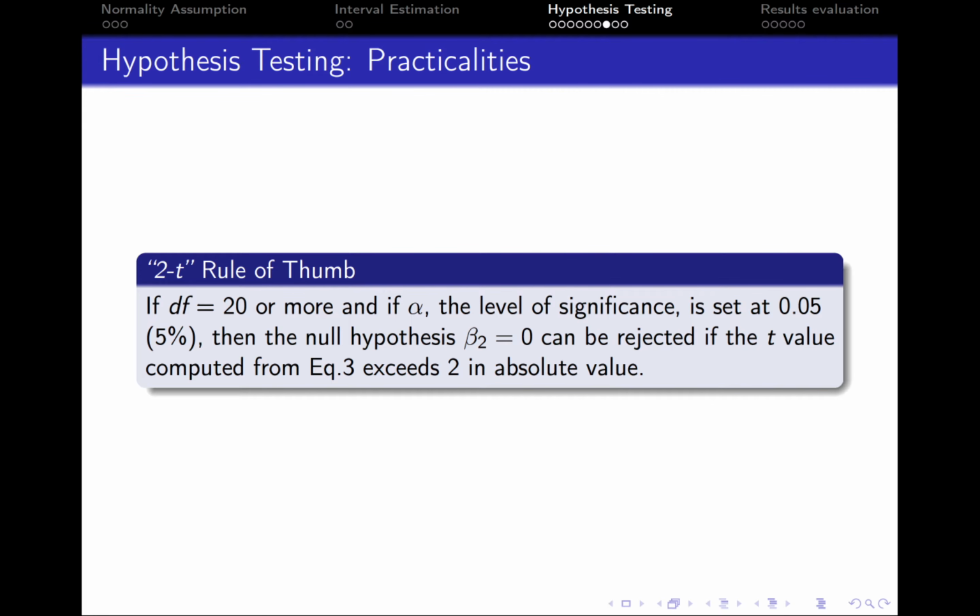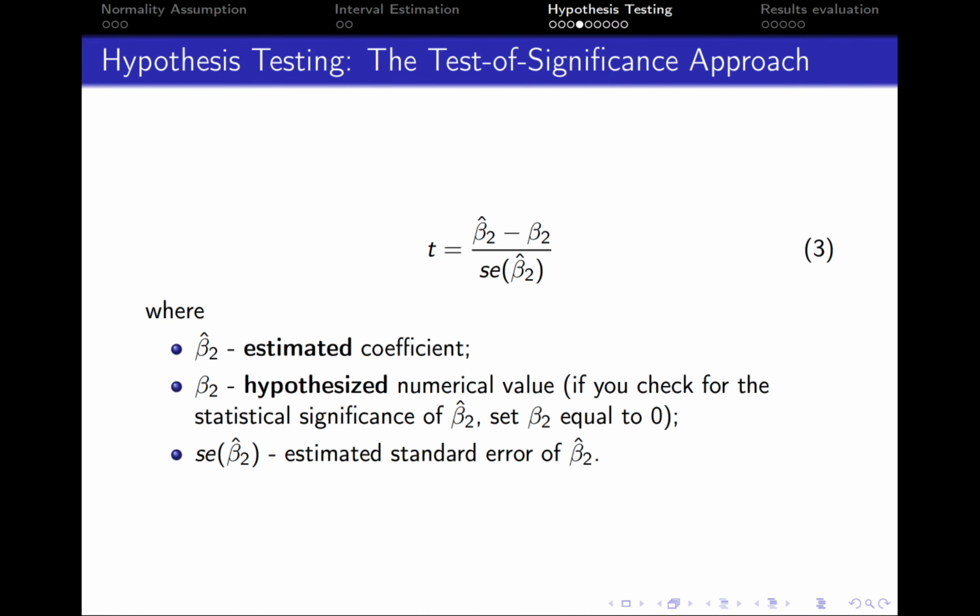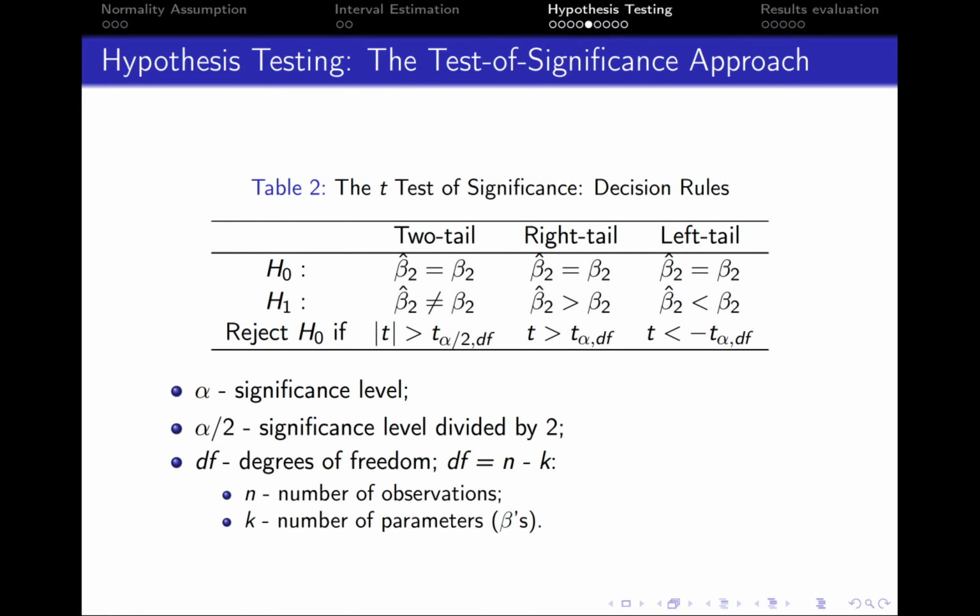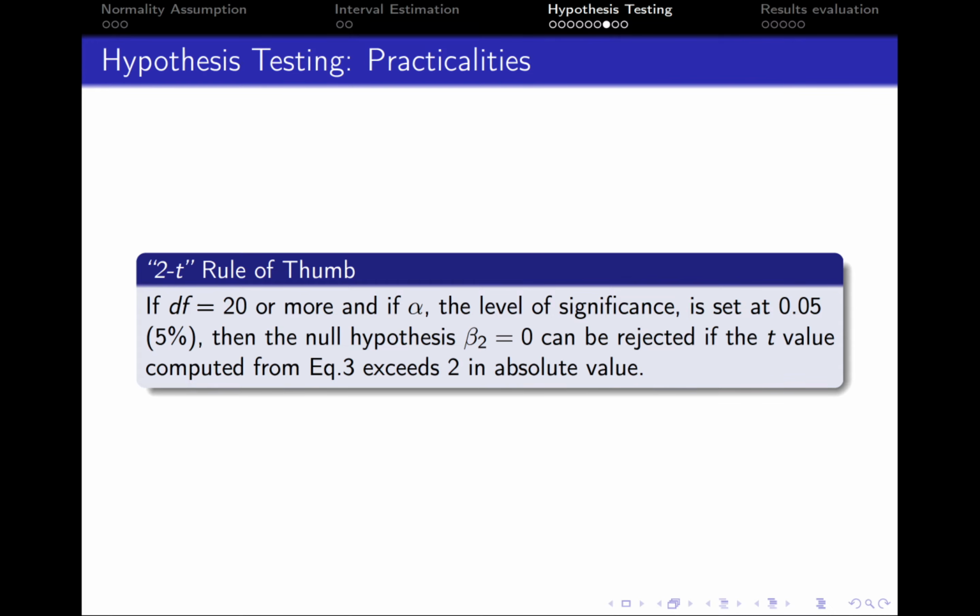There is a wonderful 2t rule of thumb, which I would like you to remember. If the number of degrees of freedom is 20 or more, and if the level of significance chosen by you is 5%, then the null hypothesis that our estimated coefficient is equal to 0 can be rejected if the t-value computed using equation number 3, which I will show to you now, the t-test equation, is higher than 2 in absolute value.